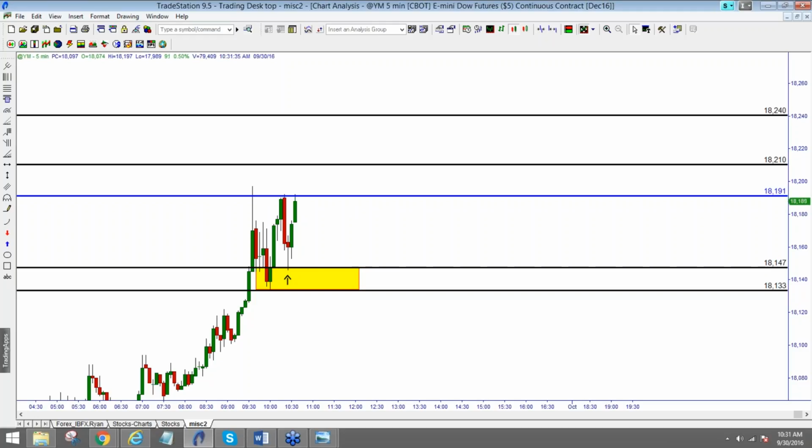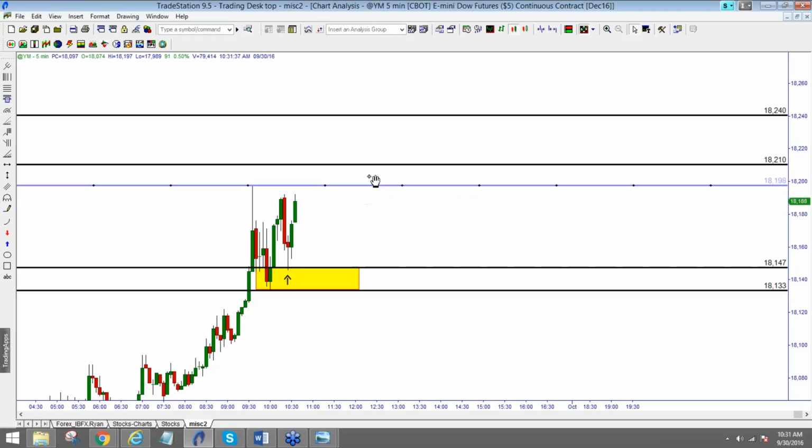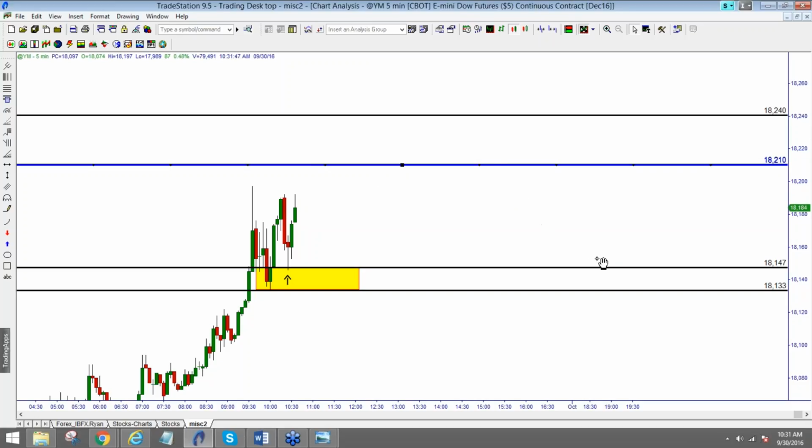All right, just hit that blue line. Let's see if this goes up to that 18,210. Somewhere in here is where I want that to go. So this already would have pocketed you $220. Now it's just to see if it could get 50 and 10, about a little over 300 now if it gets to that blue line.